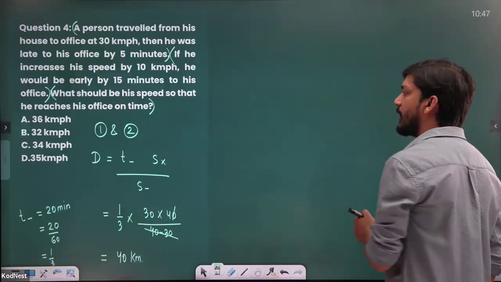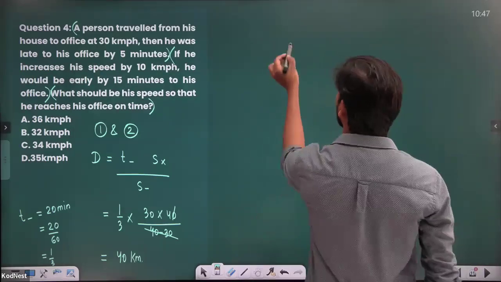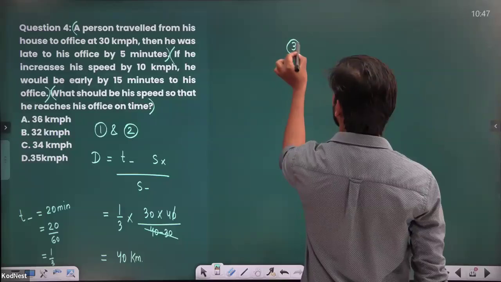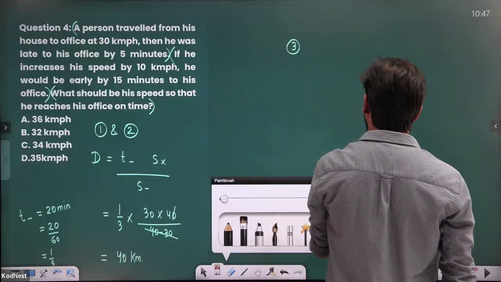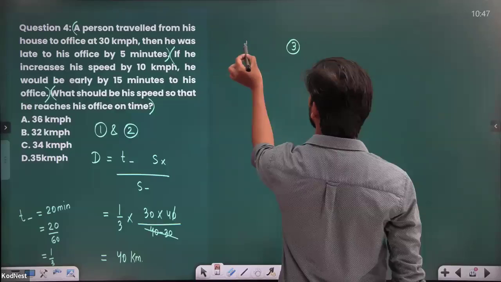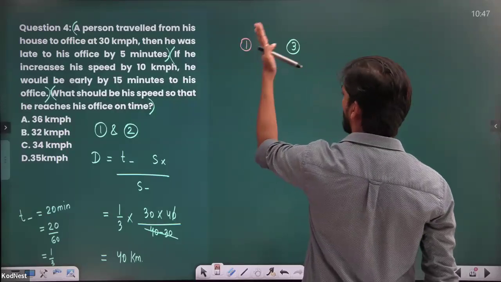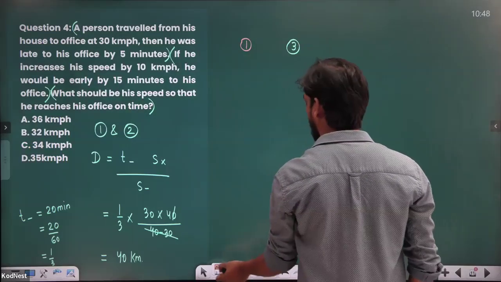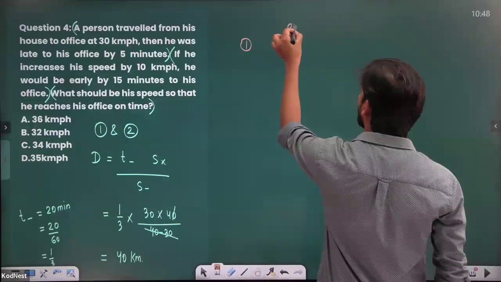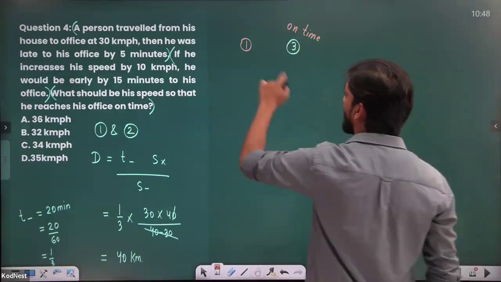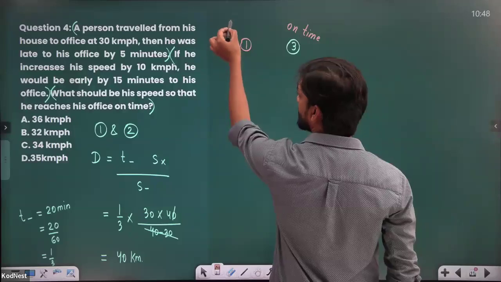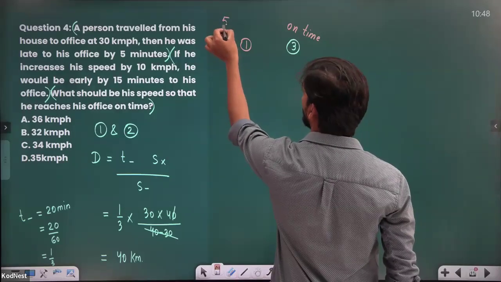Now I have to take the third situation because they are asking something about it. And I can take either the first or second. Suppose I am taking the first. In the third situation, he is on time. In the first situation, he is 5 minutes late.